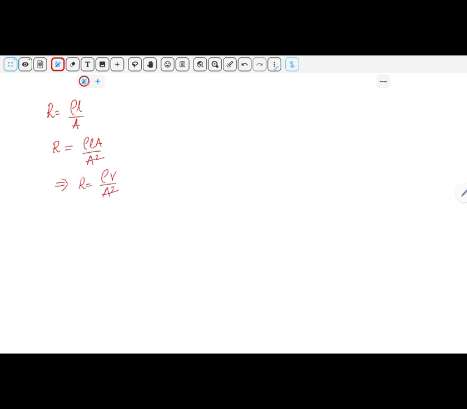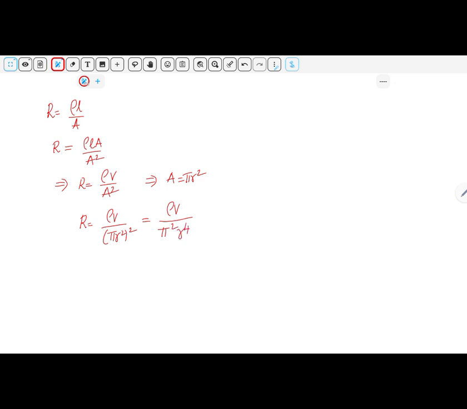And we know that A is nothing but area of cross section, which can be written as pi r square, considering the circular cross section. Hence R is equal to rho V by A square, means I can write this as pi r square whole power 4. Now what we'll get? It is rho V by pi square into r power 4.